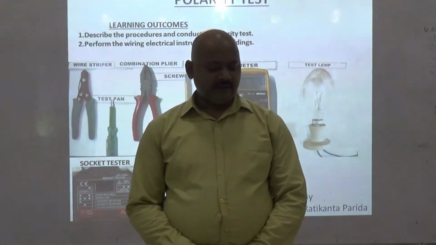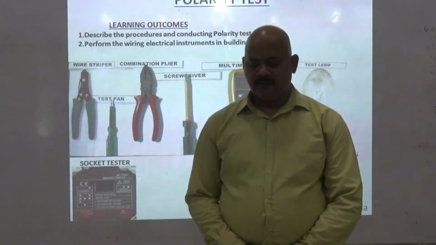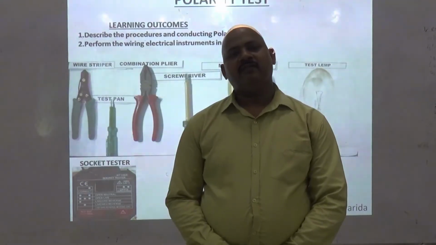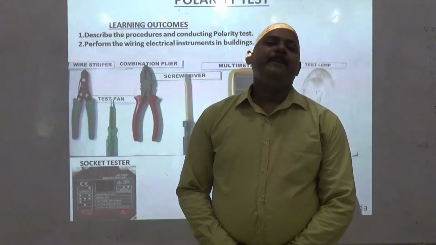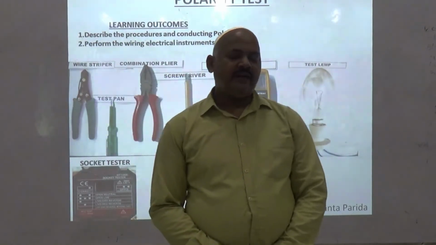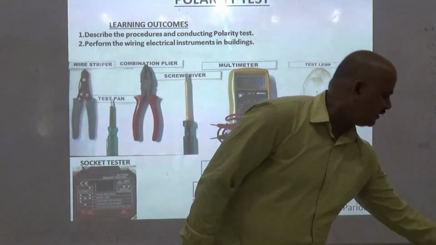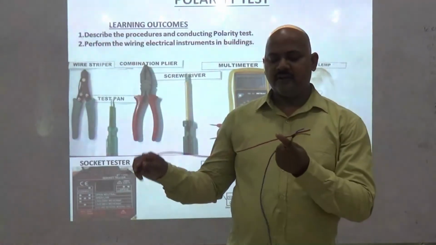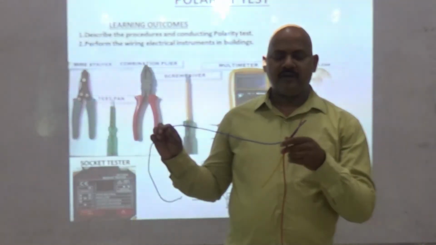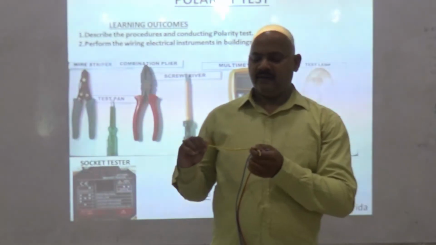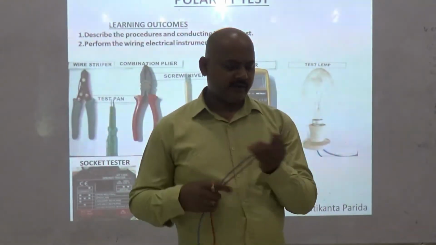In the third experiment and third process, this is the live test for polarity. In visual inspection, we simply check the wires: this is positive or phase conductor, this is negative or neutral, the blue conductor, and this is earth, the yellow and green conductor.